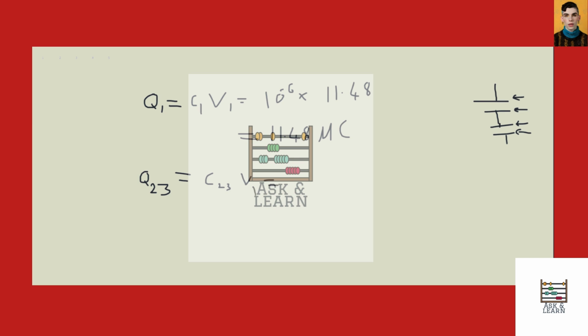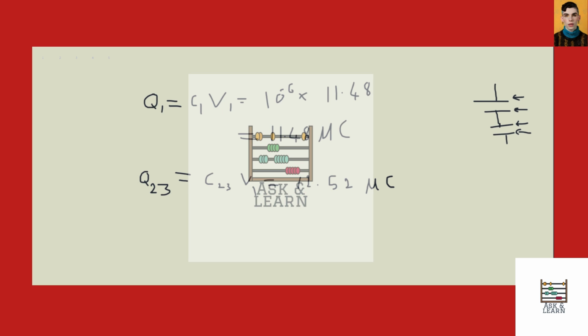So that will be multiplication of 1.091 with 11.48. So that gives you 12.52 volt. Oh, sorry, microcoulomb.